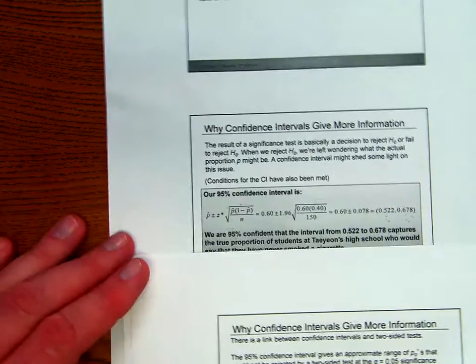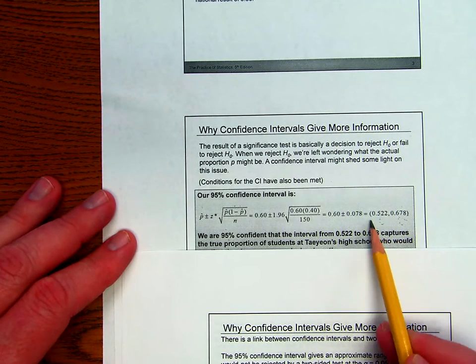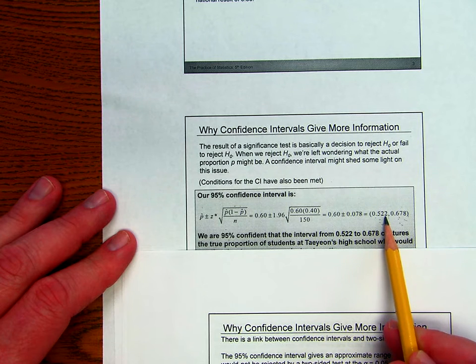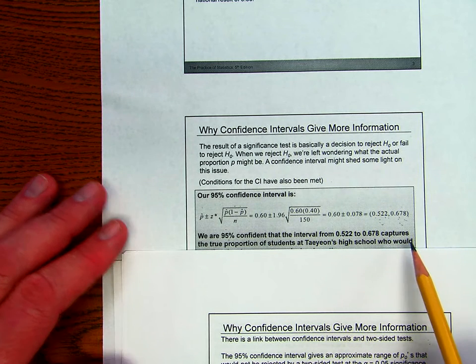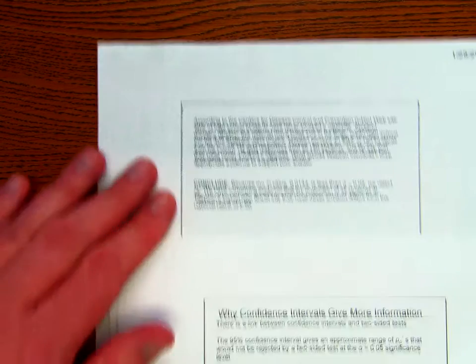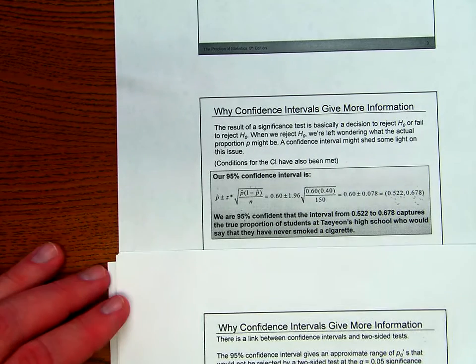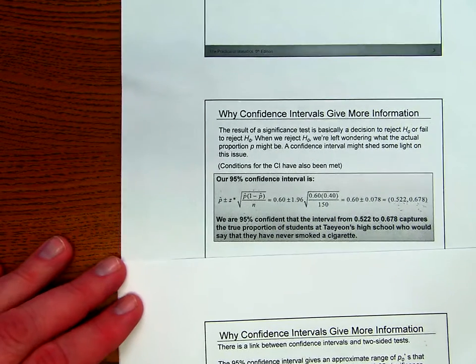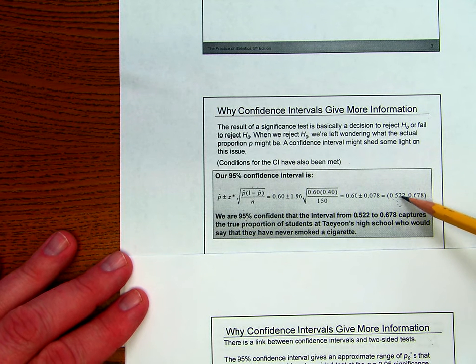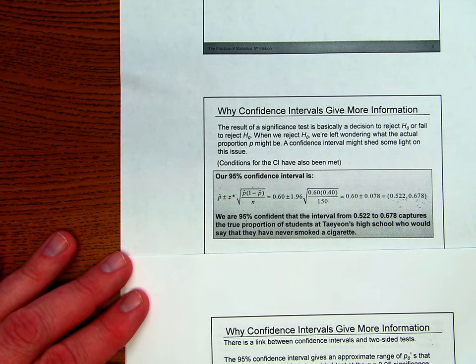Now, in a case where our confidence interval is 0.522 to 0.678, 0.522 is far enough away from that H0 value of 0.5 where we can be pretty sure that the results are going to connect with each other. If this was like 0.501 or something real close to the 0.5, then we get into that gray area where we probably have to do a little bit more work to investigate.